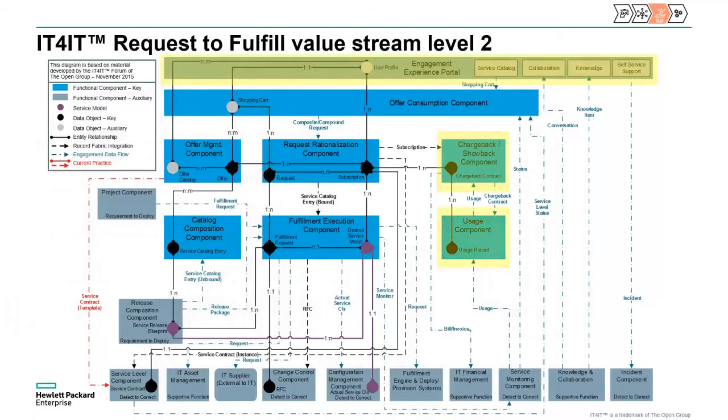Now, where these come to light within the IT4IT request to fulfill value stream are in the next set of components here. Usage is really the key element for tracking and acting on that elasticity component. The other thing too, of course, is based on usage or lack of usage, you can expand or contract the allocation of resources.